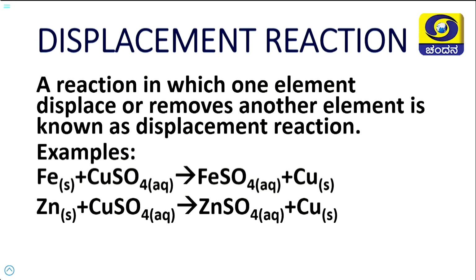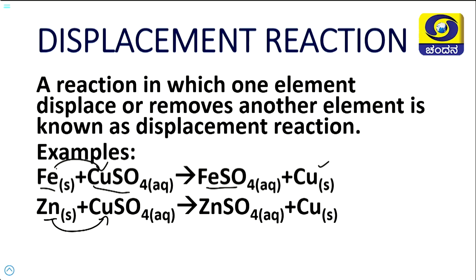When you look at the examples, when an iron nail is introduced into the brilliant blue copper sulphate solution, CuSO4, iron displaces copper from its place, and iron sulphate or ferrous sulphate is formed and copper comes out as a product. Similarly, zinc also displaces copper from copper sulphate solution, and here we get zinc sulphate and copper is formed.